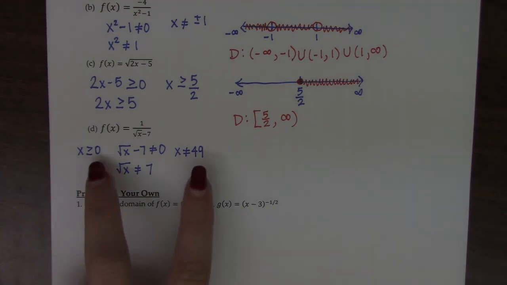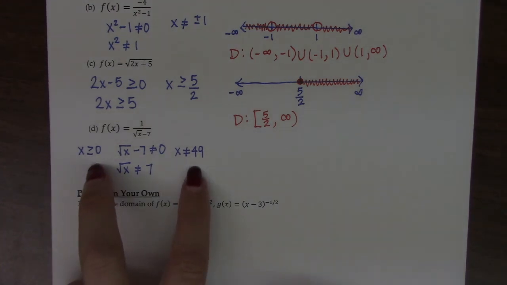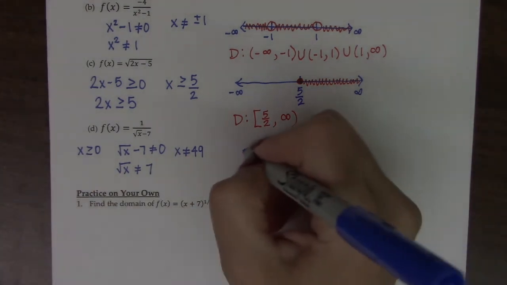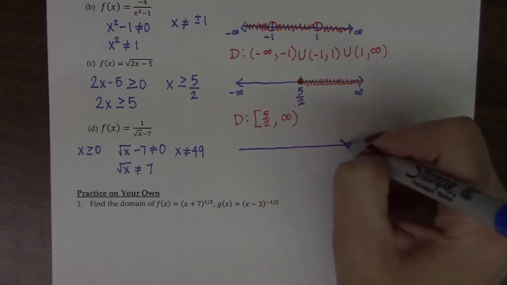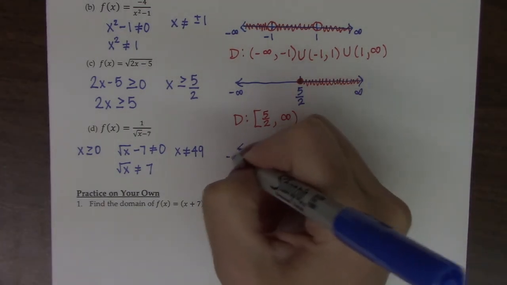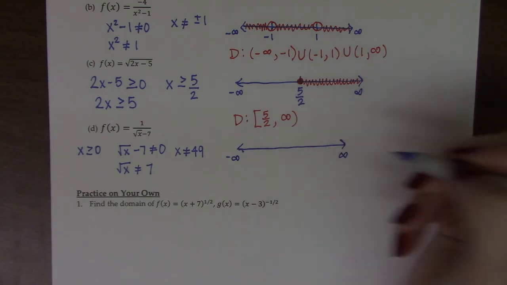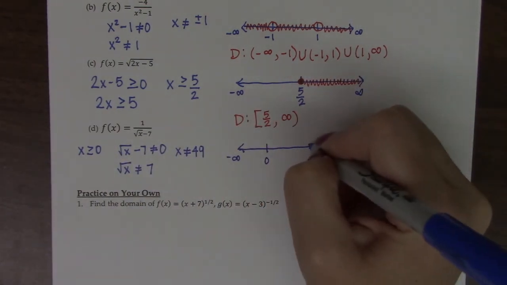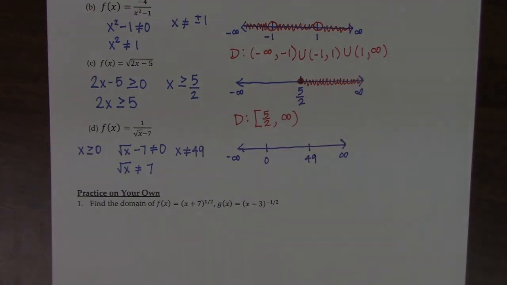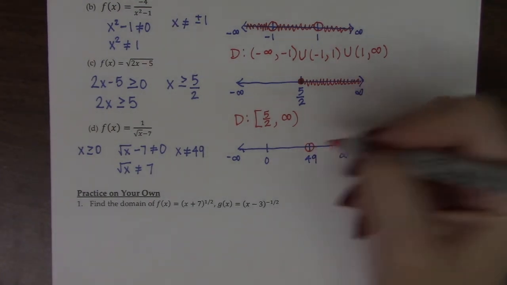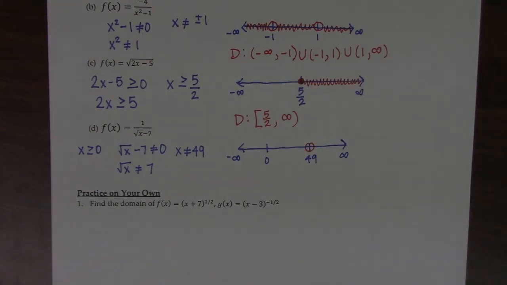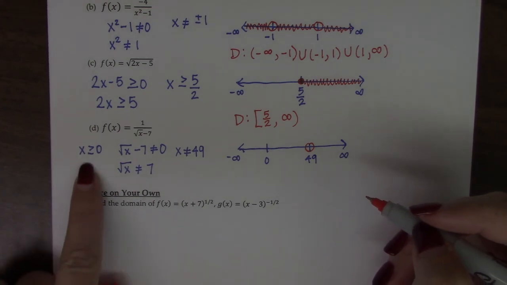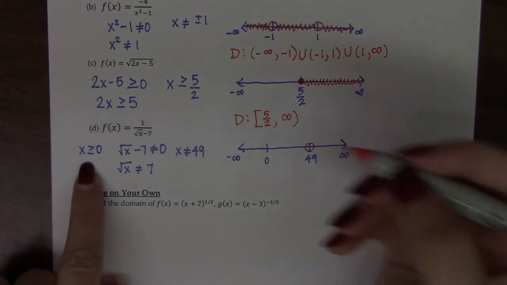So in our domain, we have to make sure that both of these things are true. So this is where when you have two rules, sketching the domain before we write it is really, really helpful. So there were two numbers that we have to look out for here, 0 and 49. And 49 is a little bit easier to take care of because all we're saying is kick it out. 49 is not allowed. But over here we're saying, well, x can be anything greater than or equal to 0.